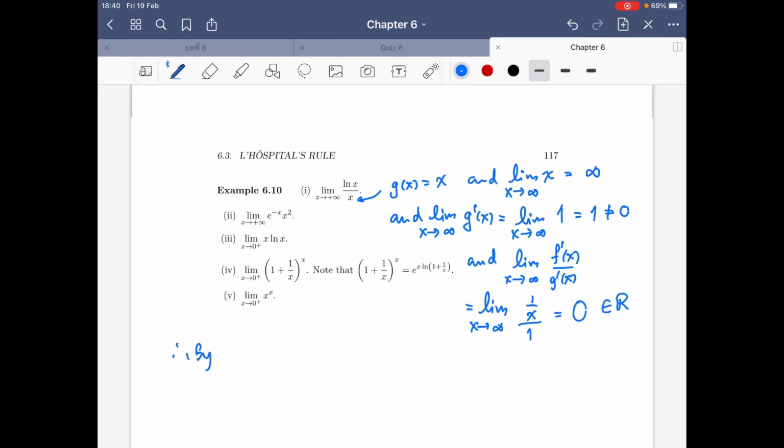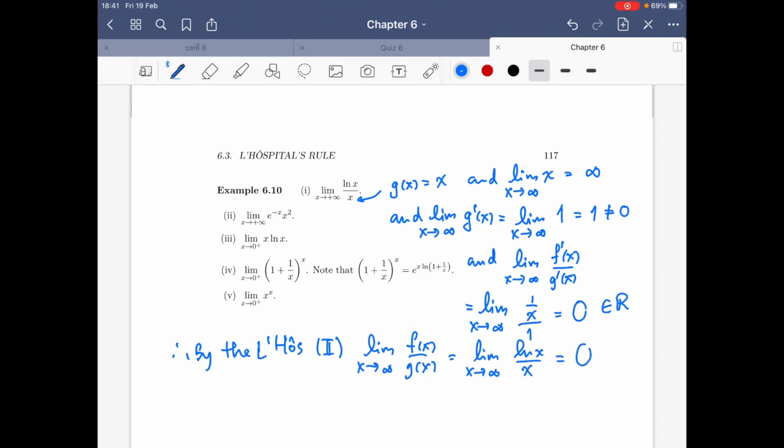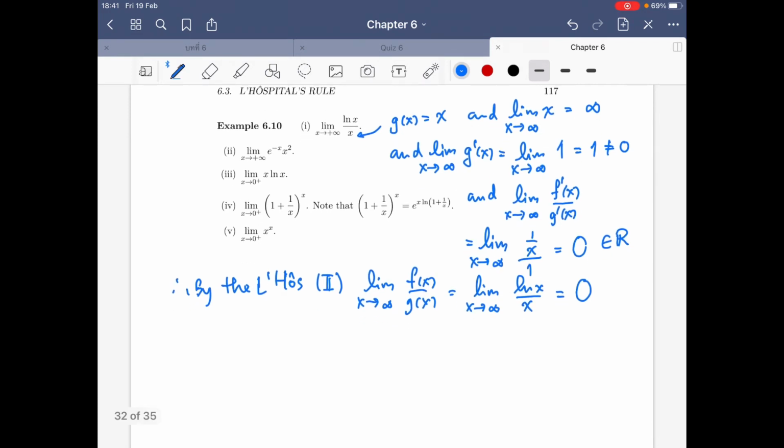So by L'Hopital's rule, we know that this limit of the quotient f(x) over g(x), or the limit of log of x over x, will also be 0. Some examples may have the setting not in terms of fractions, however we can still look at it as a fraction.